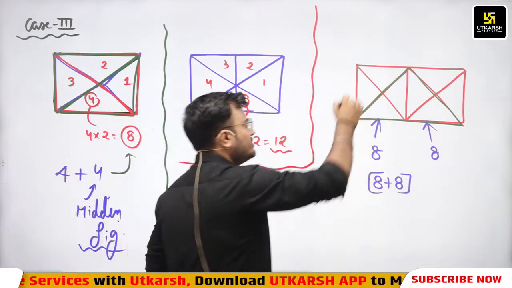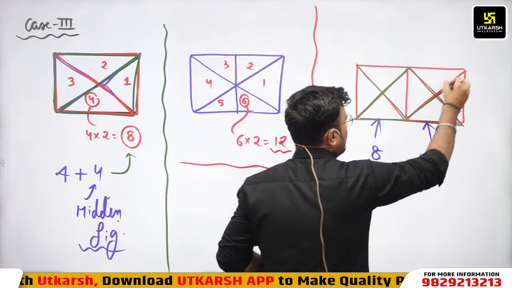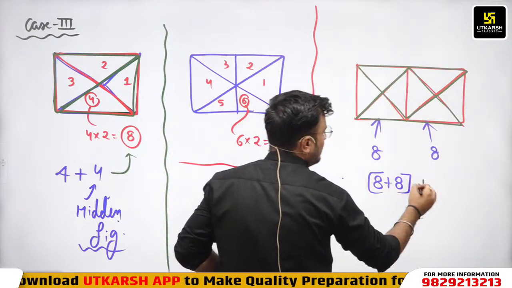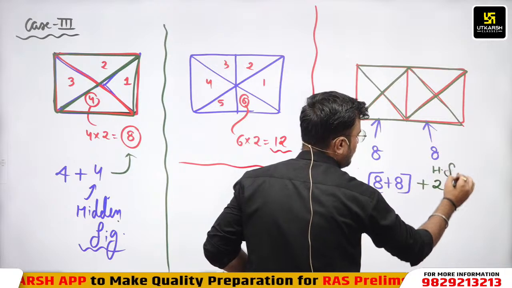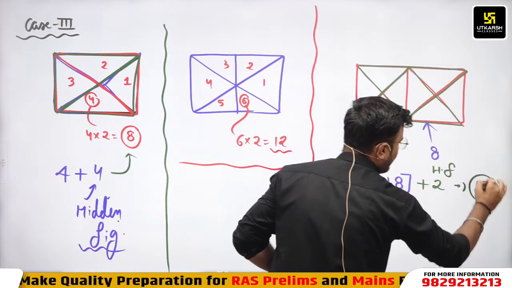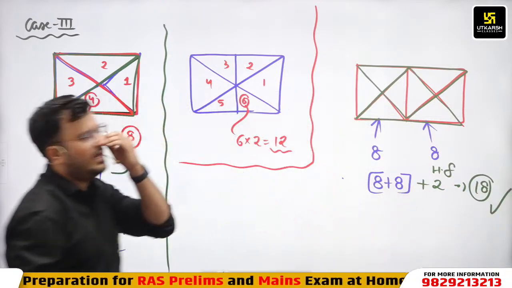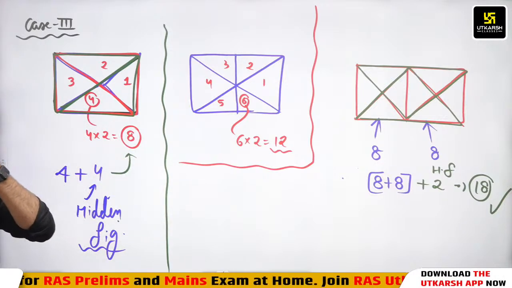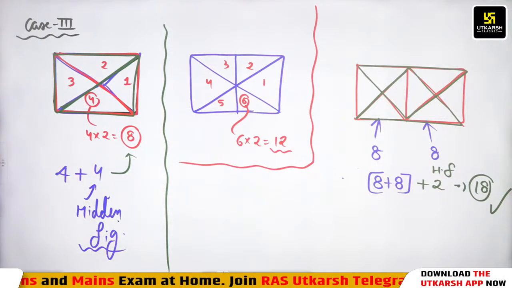And similarly there is one more. So there are two hidden figures. So total 18 triangles are there.